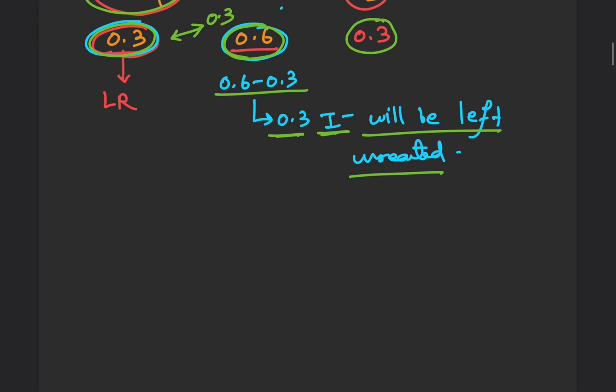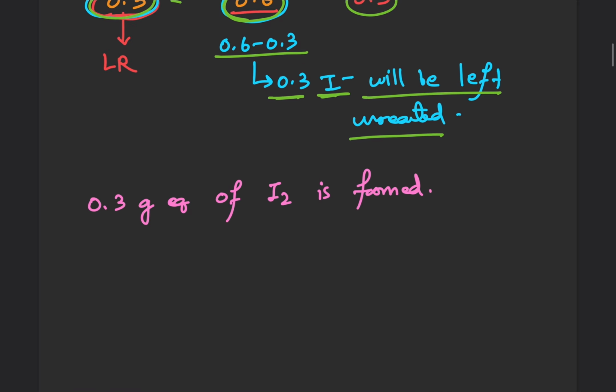Therefore, I can write that 0.3 gram equivalent of I2 is formed. Then this 0.3 gram equivalent of I2 is titrated with 0.1 molar Na2S2O3 solution, which is the thiosulfate solution, in presence of starch as an indicator till the endpoint.